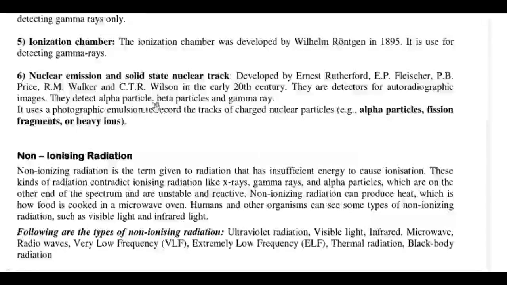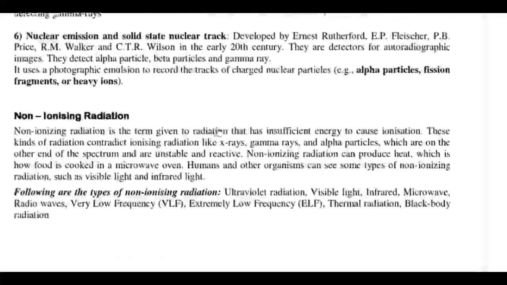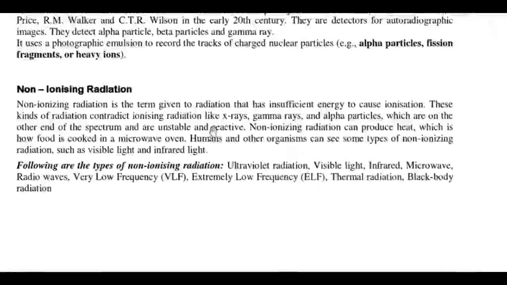They detect alpha particles, beta particles, and gamma rays, just like the Geiger-Müller counter. It uses a photographic emulsion to record the tracks of charged nuclear particles, such as alpha particles, fission fragments, or heavy ions.